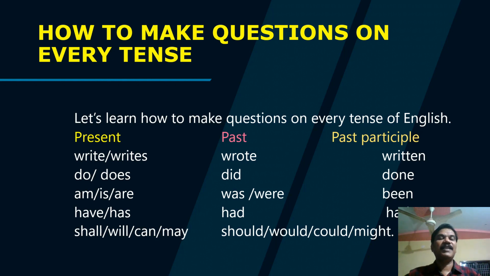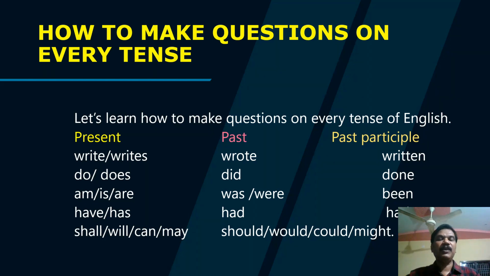Next, present tense: am, is, are. These words are used only in present tense. Was, were are used in past tense. Have, has are present forms. Past tense, had; past participle, had.